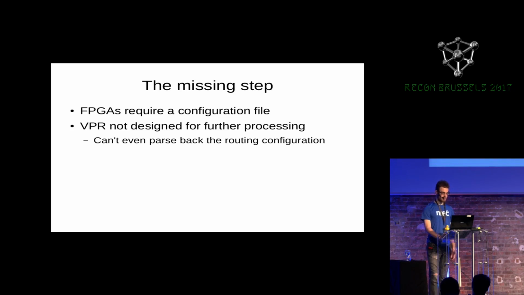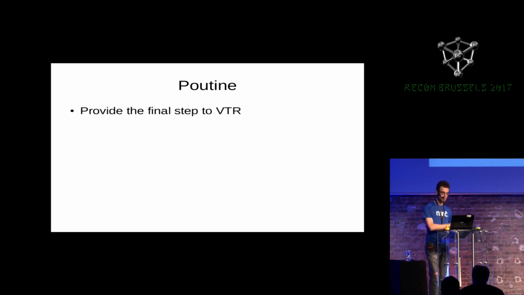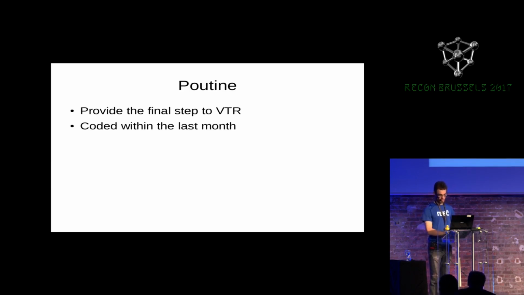And you can't even parse the routing configuration it gives you at the end. So I'm like, okay, this is a bit of work. So here came Poutine. Poutine was to provide this final step in VTR, to use all this configuration data, the architecture definition and everything it made, and just do the Poutine, you know.